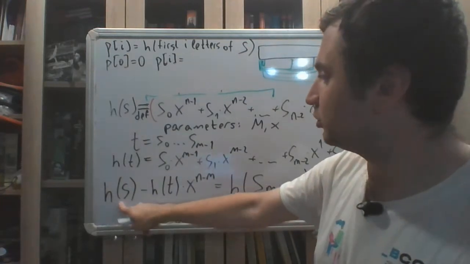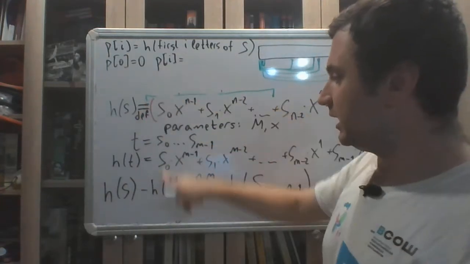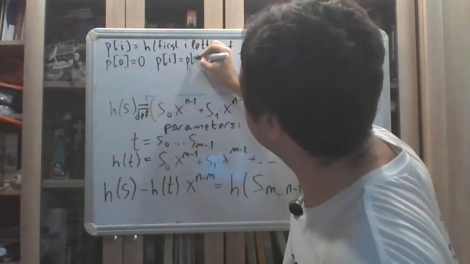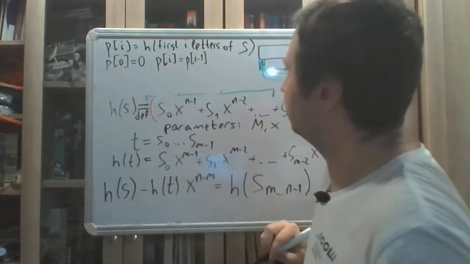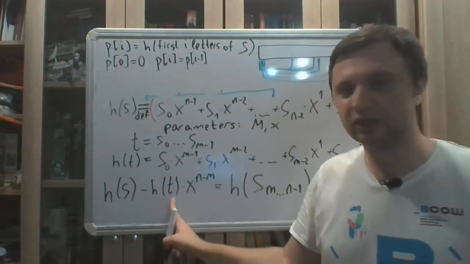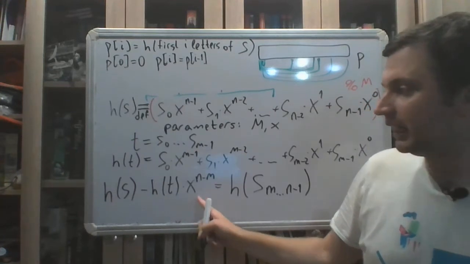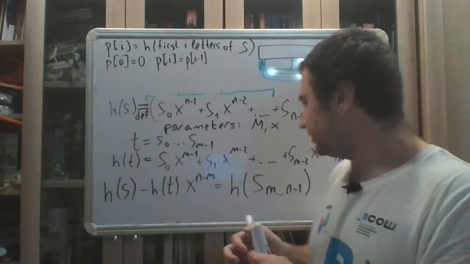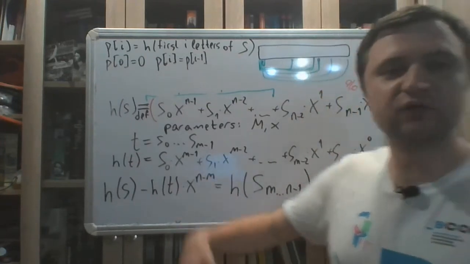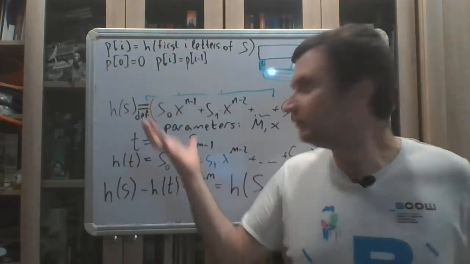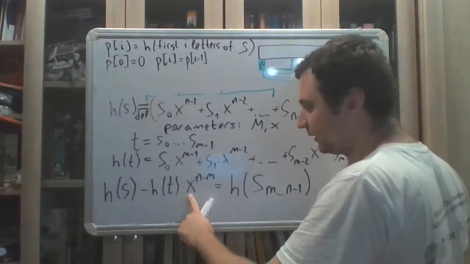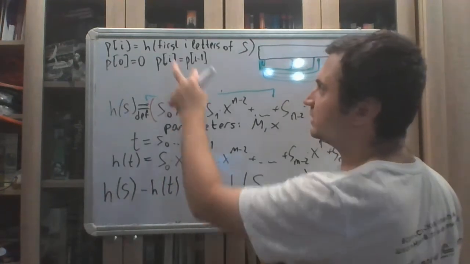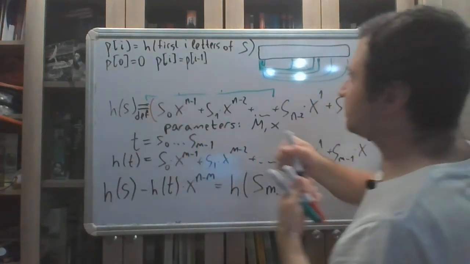So the hash function of a longer prefix is the hash function of the prefix shorter by one, P with index i minus 1, multiplied by x to the power of the difference of the lengths. This is the important formula from which we can retrieve a lot of other things. Here we have x to the power of the difference of their lengths. The difference of their lengths is 1, so this is multiplied by x.